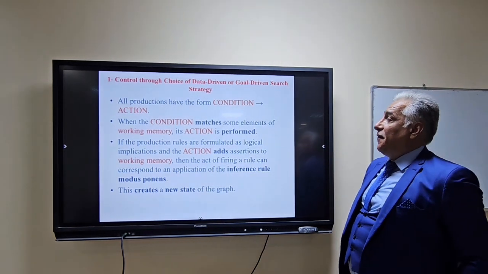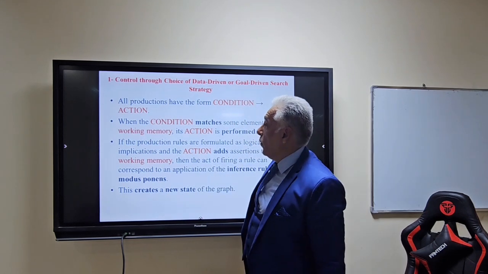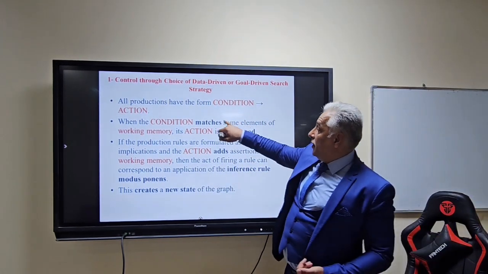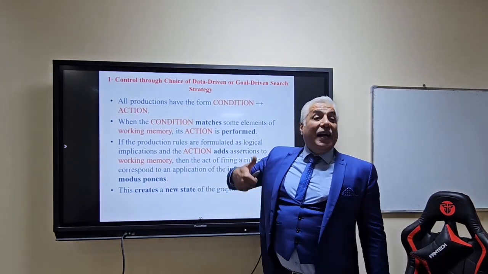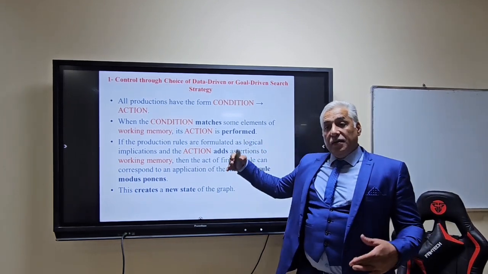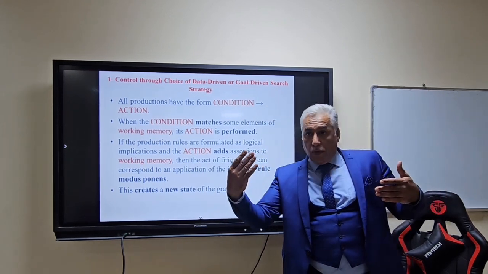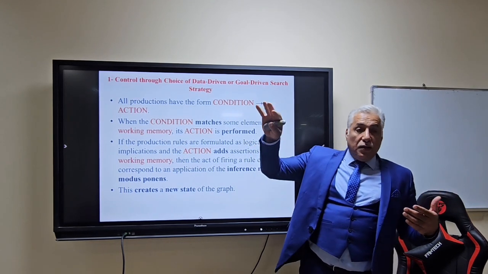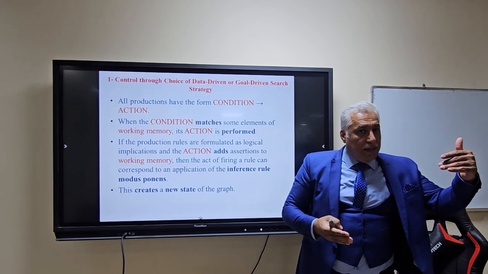All the productions have conditions and actions. When the conditions match some elements of the working memory, its action is performed. In the recursive or inverse fashion, from the conditions and from the action, I look for this action: which rule will implement this action in the working memory?